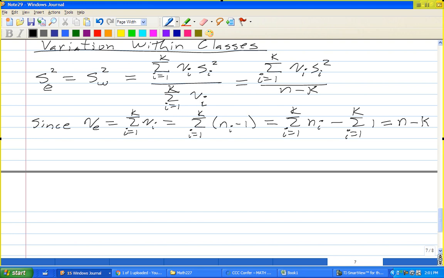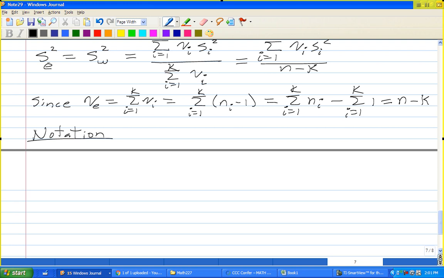Okay, so let me give you some notation. X of i is just the mean for the ith one.